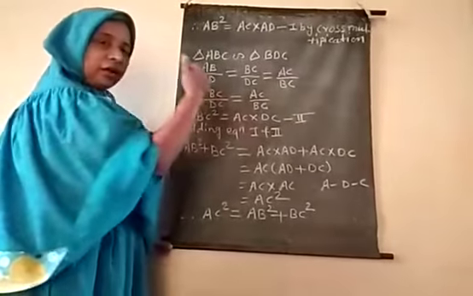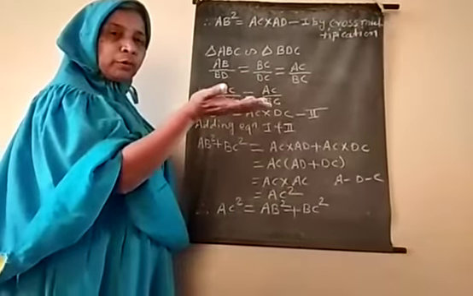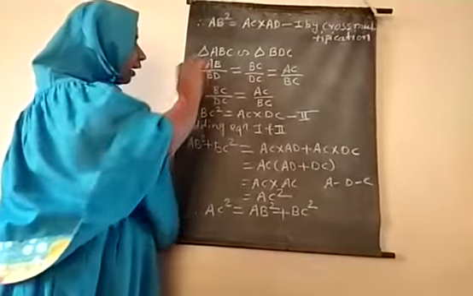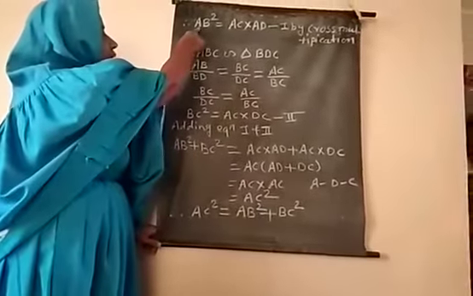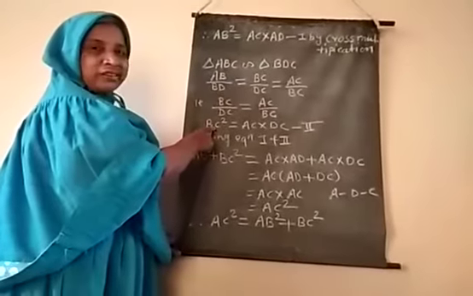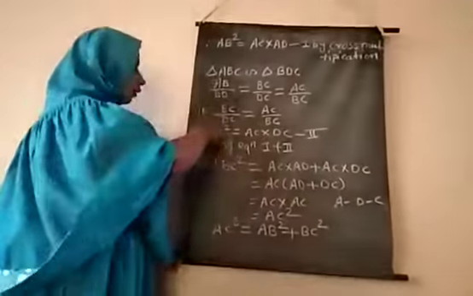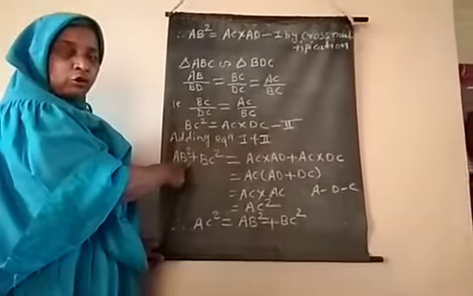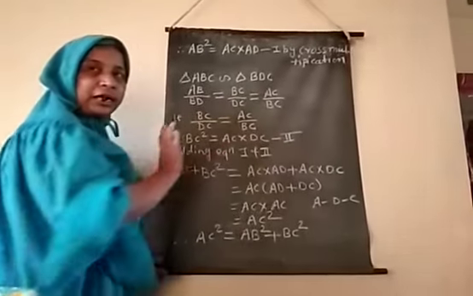Now, to prove AB square plus BC square, these two are added. So in the first equation the LHS is AB square, and in the second equation the LHS is BC square. If we add these two, we get AB square plus BC square, which we require. So we are adding equation number 1 and 2.